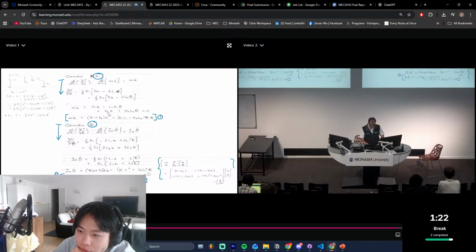Wait, but aren't you supposed to convert everything from theta into x anyways?